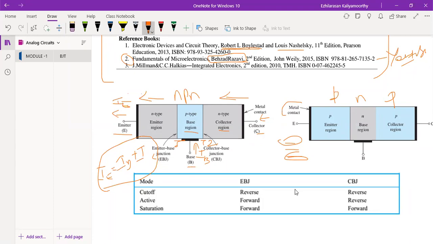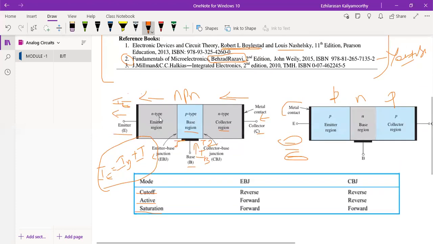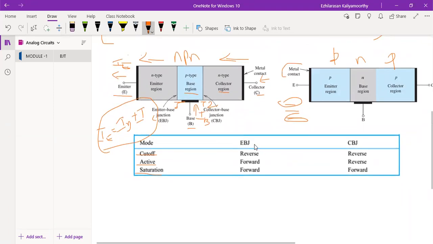So you need to know in which mode you have to operate the transistor. The three modes of operation are cutoff mode, active mode, and saturation mode. The device will be in cutoff mode when the emitter-base junction is in reverse bias and the collector-base junction is in reverse bias.